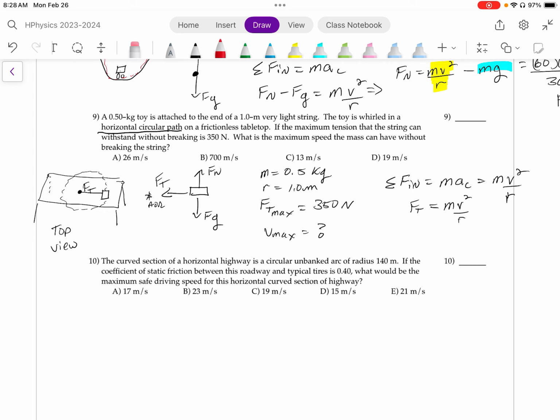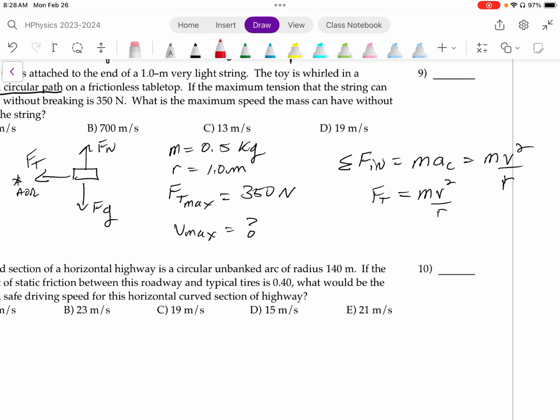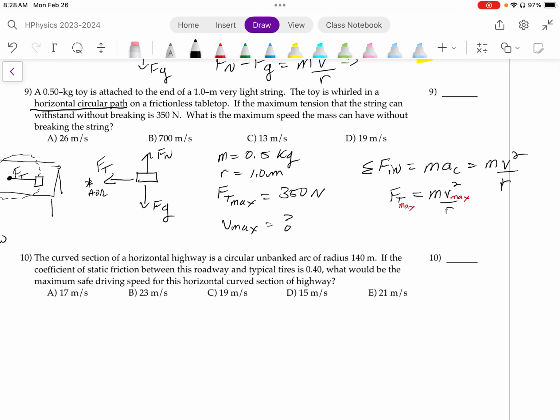Now, if I set that force of tension to the maximum tension, then this becomes the maximum velocity that I can have. So I'll rearrange that equation for V max. V max will be equal to the square root of r times force of tension max divided by the mass.